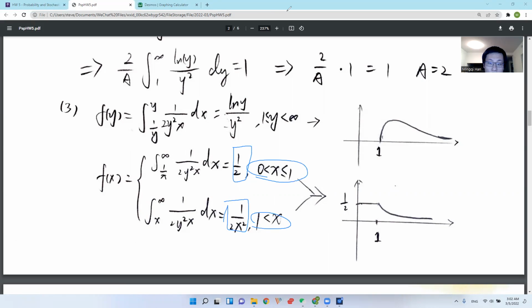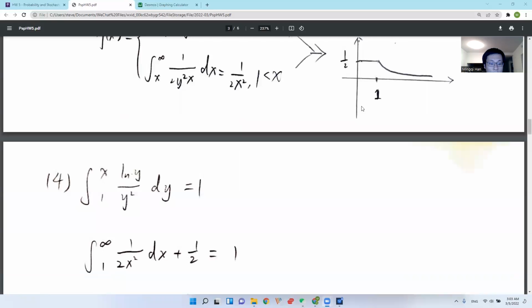We can plug this in and use the calculator, but we already know that it looks like this. And for this region, it's just a constant value.